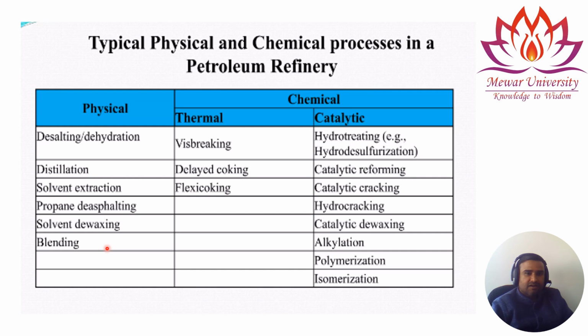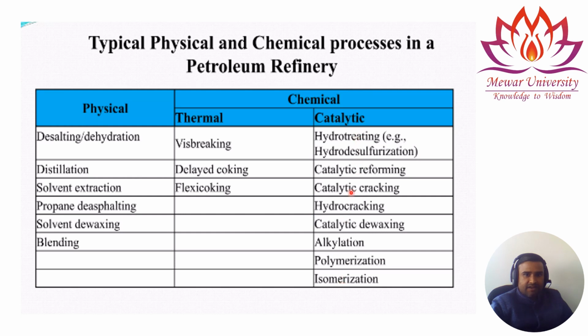Then in the chemical processes, you see visbreaking. In thermal processes, visbreaking is for improving the viscosity quality, and delayed coking is for improving the asphaltic properties, meaning removing the asphalt from the crude oil. Then we have flexicoking, which is also a method of removing asphalt.